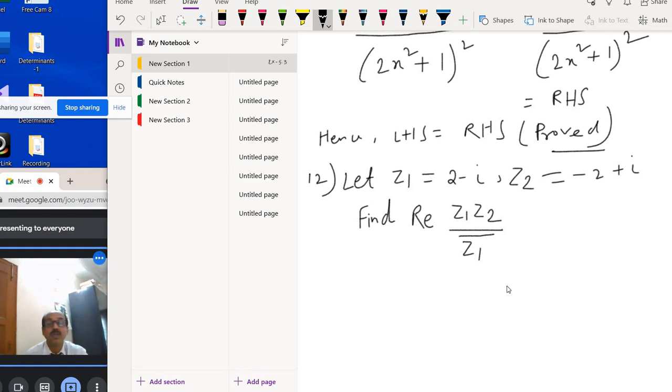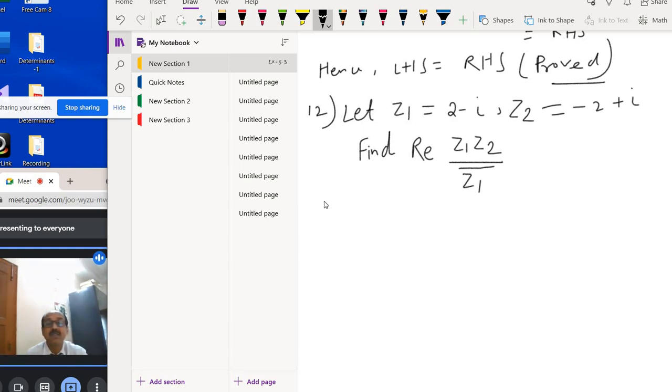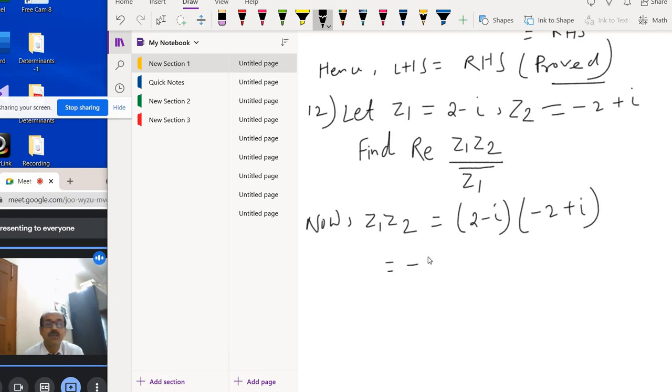Okay, so first you multiply z1 and z2. So 2 minus i multiplied by minus 2 plus i. z1 z2 equal to 2 minus i into minus 2 plus i, equal to 2 into minus 2 is minus 4, plus 2i, minus 2i plus minus i into i, that is minus i square, okay, and this equal to minus 4 plus 4i, and i square is minus 1, that is plus 1.